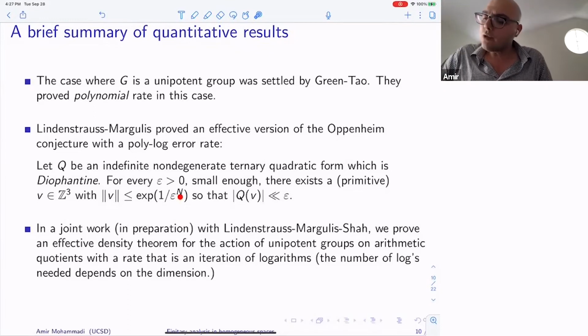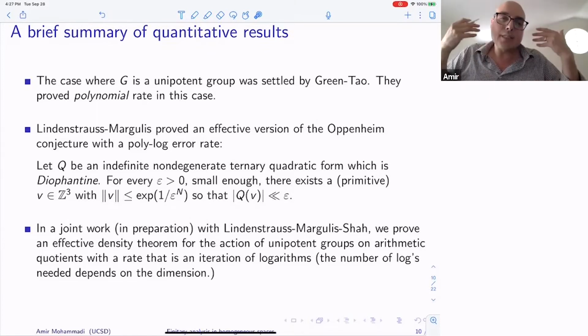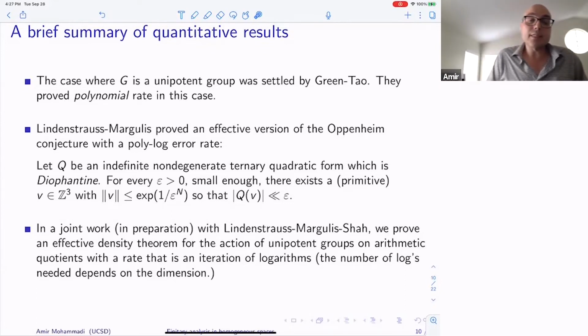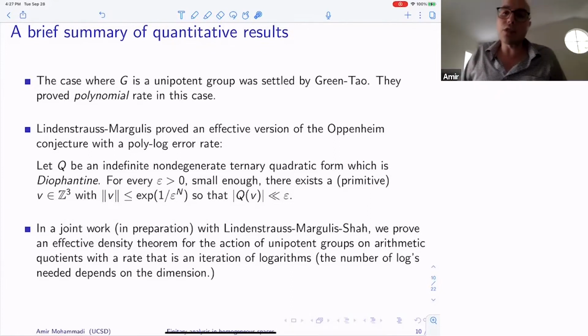This power is absolute. And how small epsilon should be for this to be valid depends explicitly on the height and the degree of the coefficients. So they can give you an explicit bound on the solution to this Diophantine question.